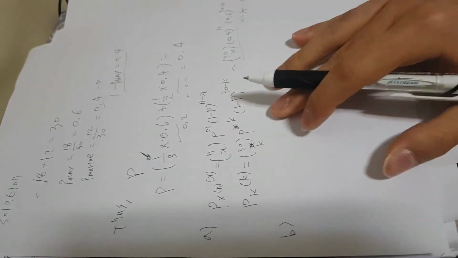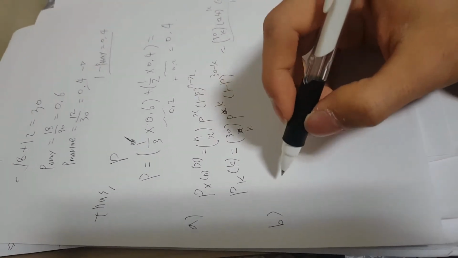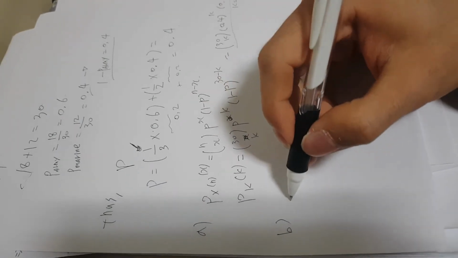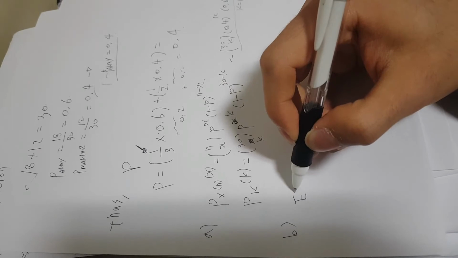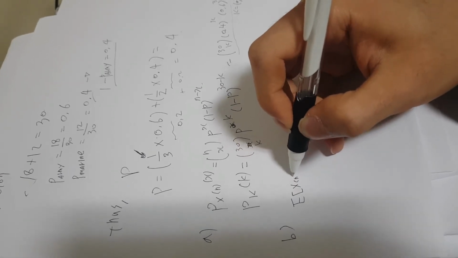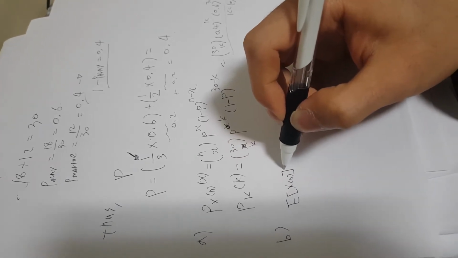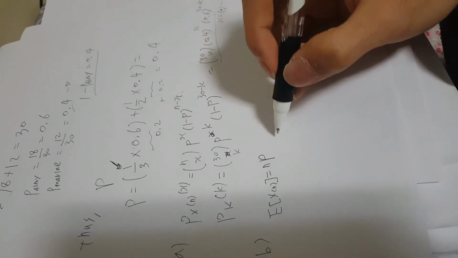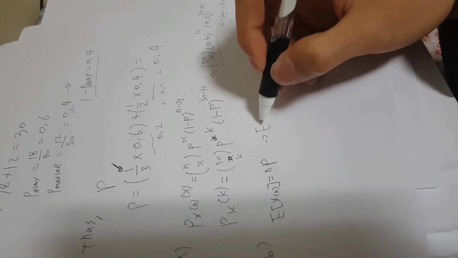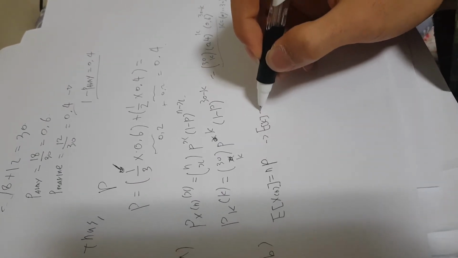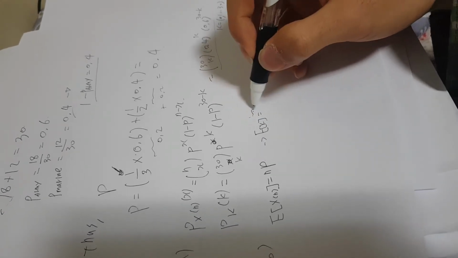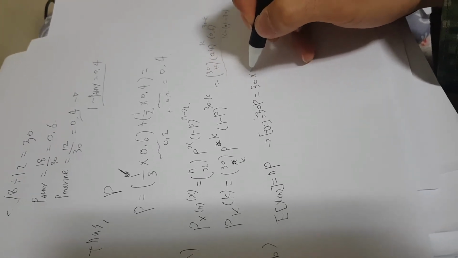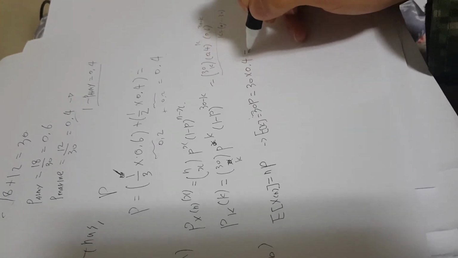B. The mean of K is given by E[K]. The mean of X_n equals np. So E[K] = 30p = 30 × 0.4 = 12.